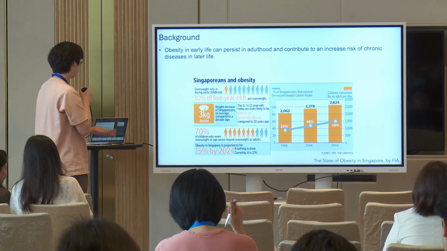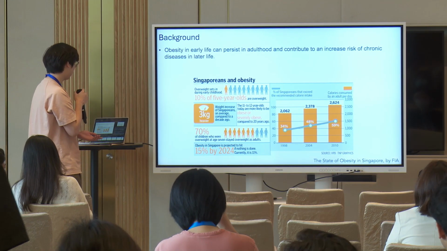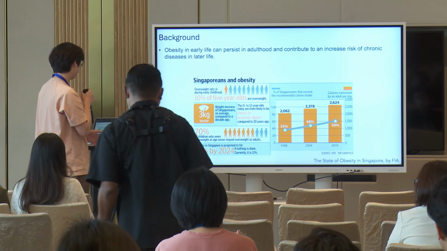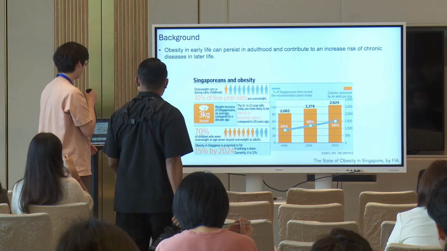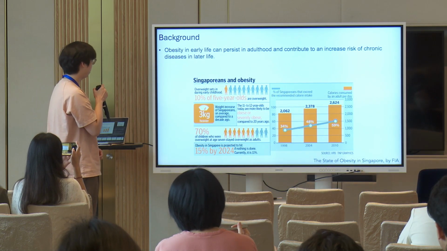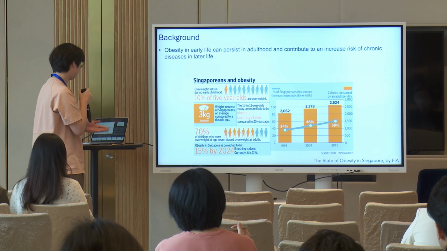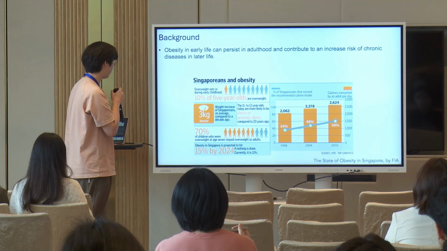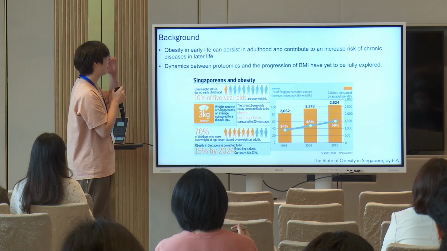So it's quite important that the prediction of the body mass index trajectory in early life is essential for the early management of obesity. Much of the existing research and models has concentrated on finding proteomics biomarkers for the BMI itself.